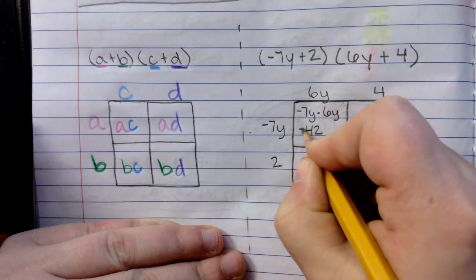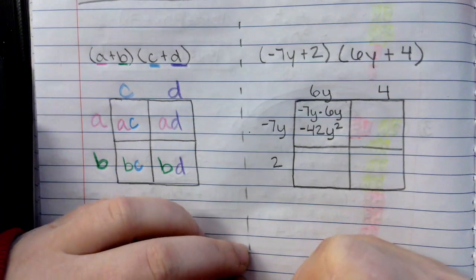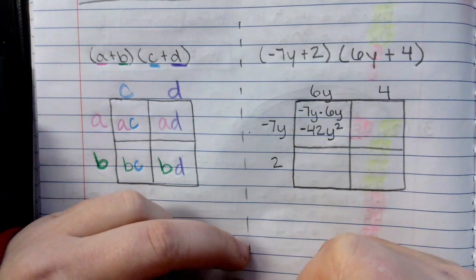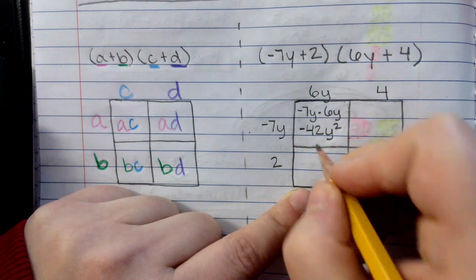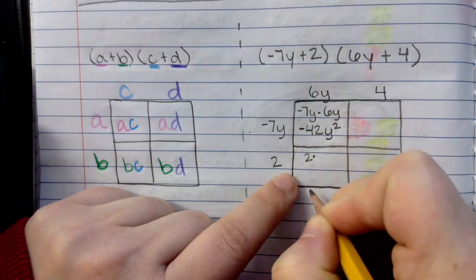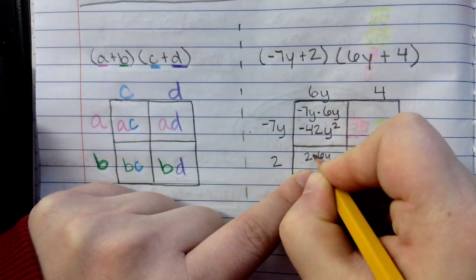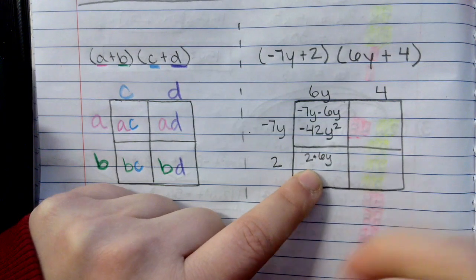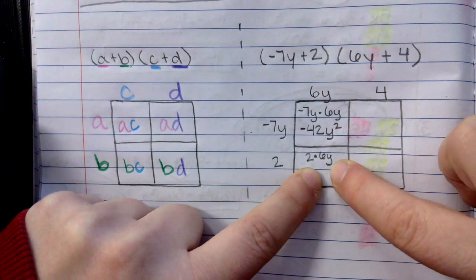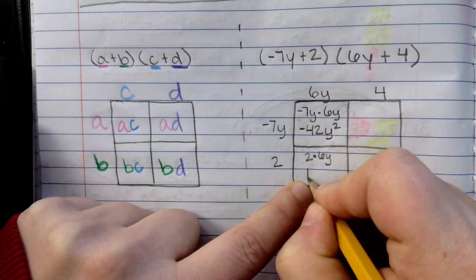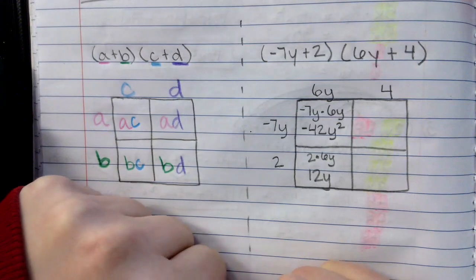All right, if I move down, what am I going to multiply in this box? 2 times 6y, because 2's in front, 6y's on top, so when they connect, they make that box. 2 times 6, 12, and 1y there. All right, what about this box here? It's top row on the right.